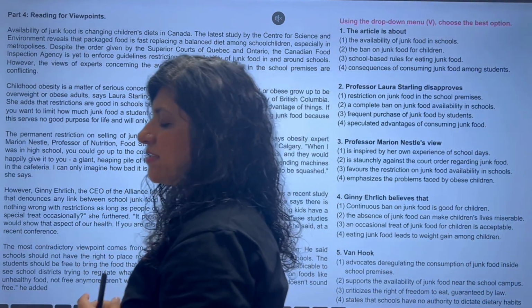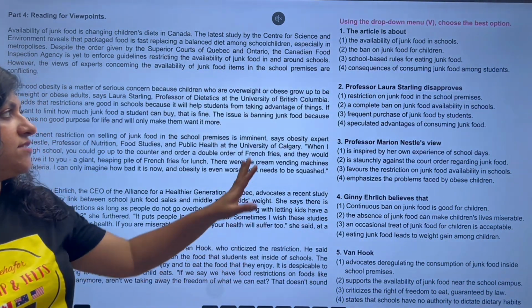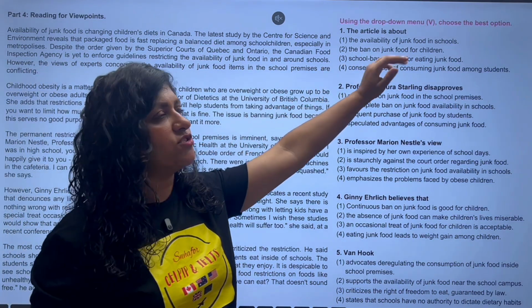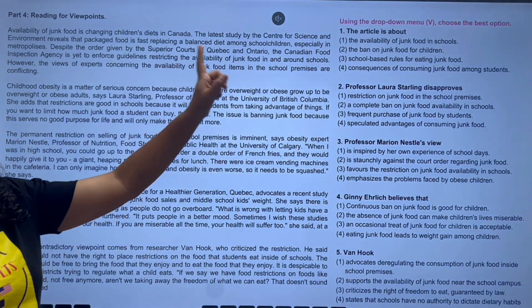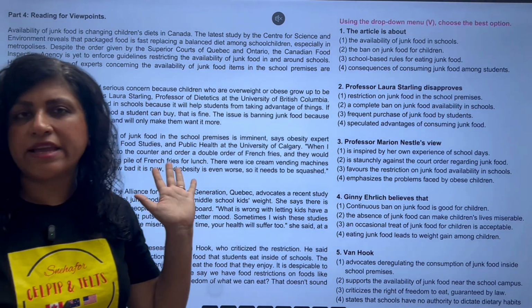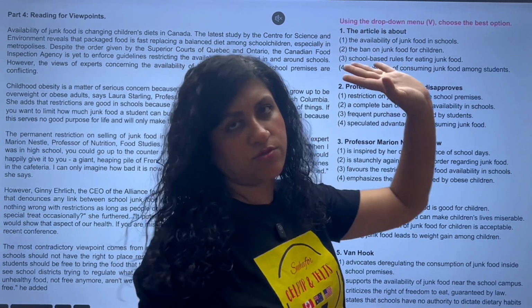In most cases, you can find the answer for such a question in paragraph 1. However, if you're not sure about it, you can wait till you have read the entire text. After that, you can answer this question.